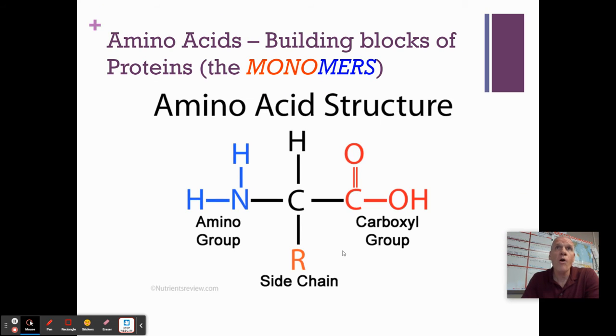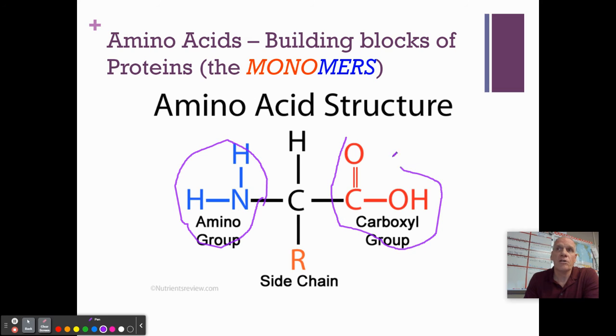All right, so all proteins are made up of amino acids, like I said earlier, and all amino acids have the same basic structure. They have this nitrogen, carbon backbone. One end of the amino acid has what we call an amino group, and the amino group is a nitrogen, hydrogen, and that can act as a base, and we'll get into that a little bit later.